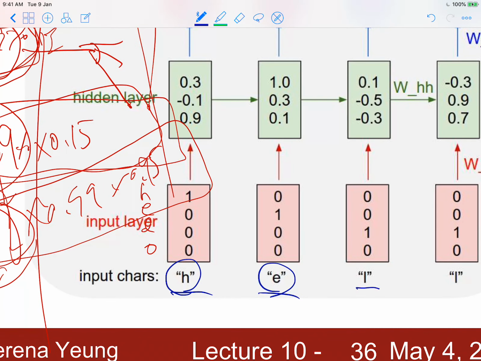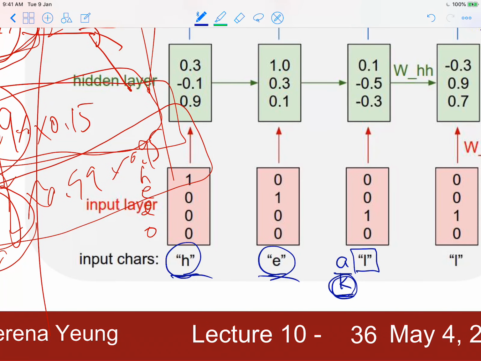For example, L can appear with a high chance, but some other characters like A or K, I mean, suppose there exist no words starting with H, E, and A or K. Suppose there exist no such words that start with these three characters, then the probability of observing the character K will be zero, right?